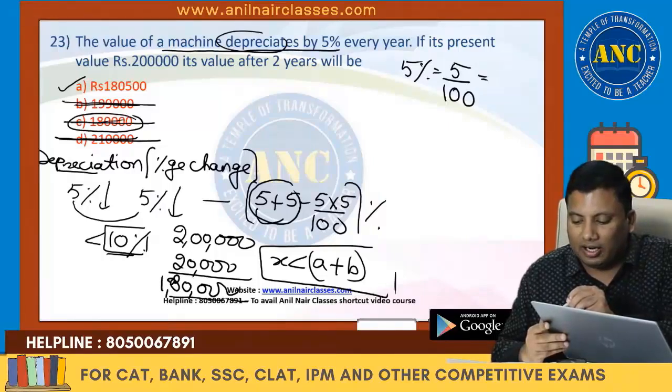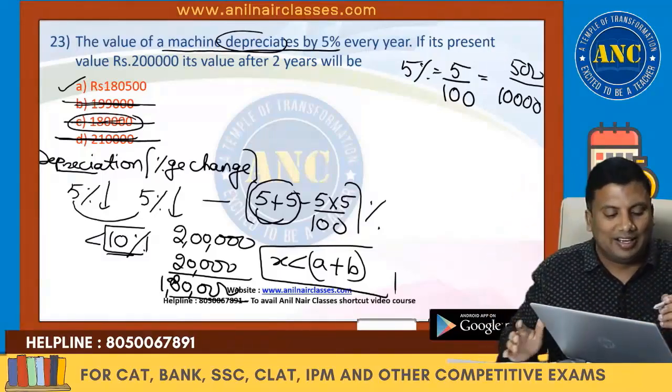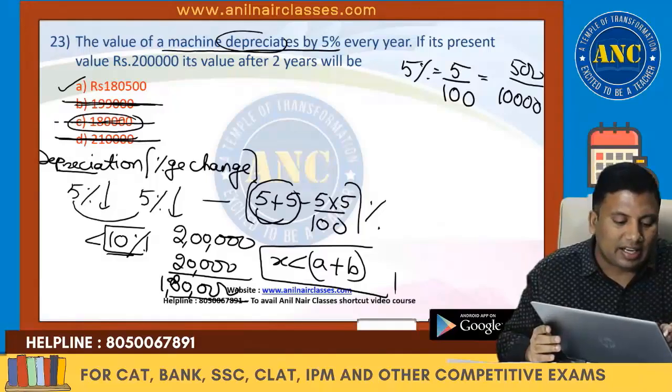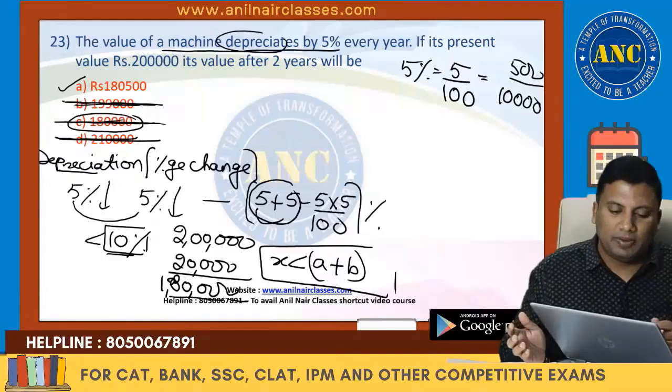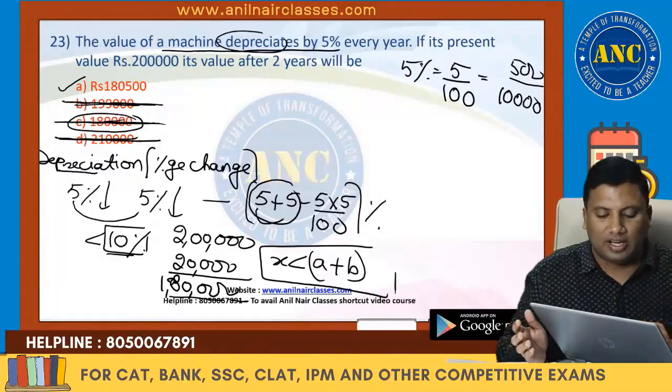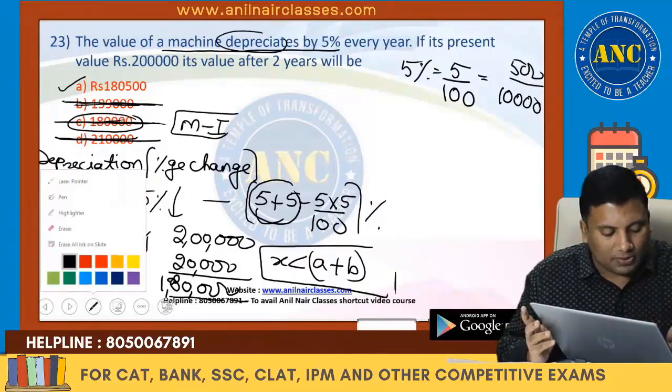That means for 10,000 it will become 500. For 1 lakh it will become 5,000. It cannot be this answer. It cannot be 1,80,000 because x has to be less than a plus b. 10% of 2 lakhs is 20,000. This is one way. Method number 1. Just by keeping an eye on answer options you can do it.